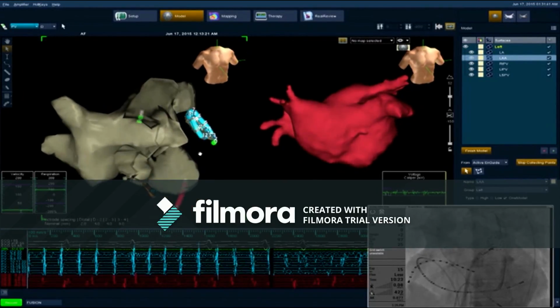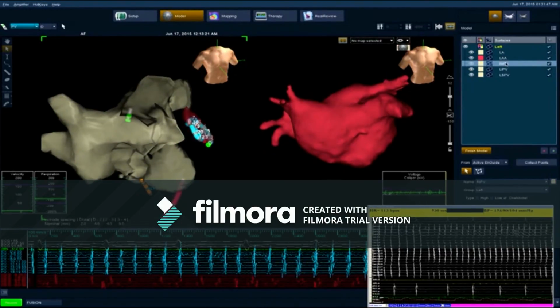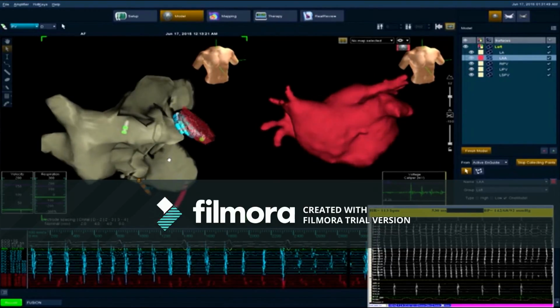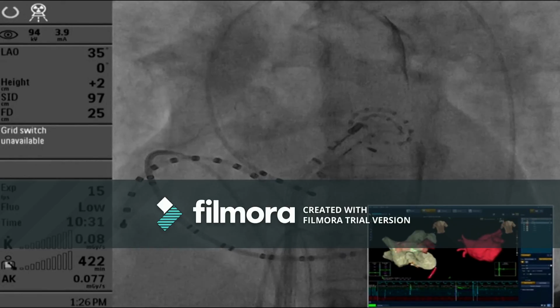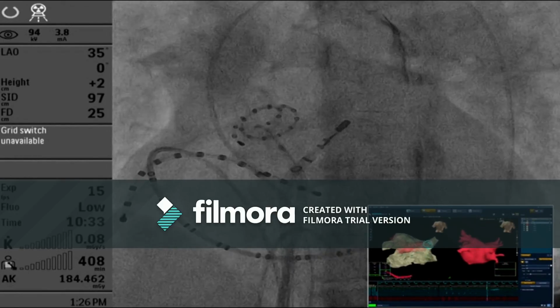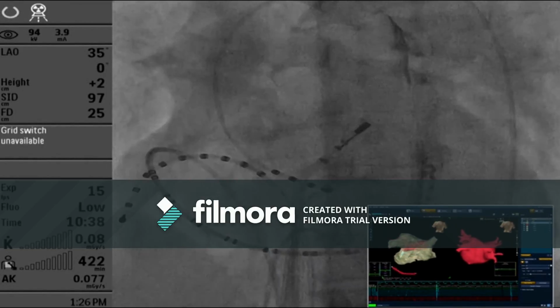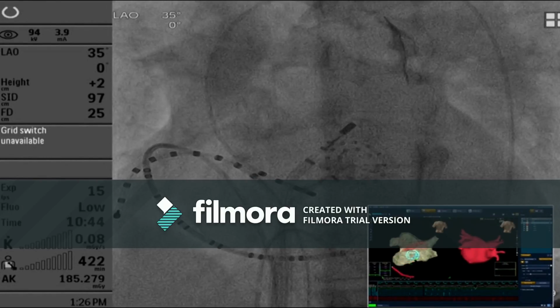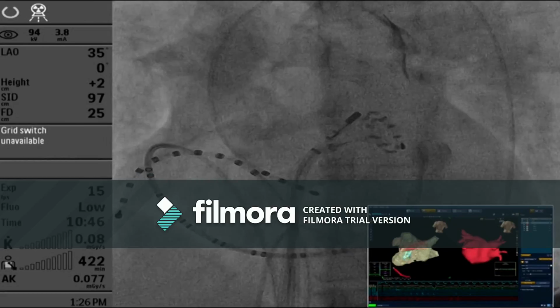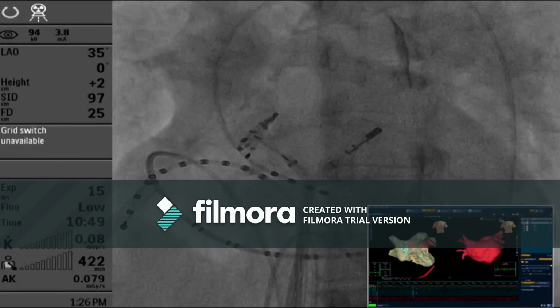You can see the electrode in and out, and then touch the roof in between both superior pulmonary veins. Then clockwise is directed to the posterior wall like this. I touch the posterior wall now. From here, when I go counter-clockwise, it is anterior.